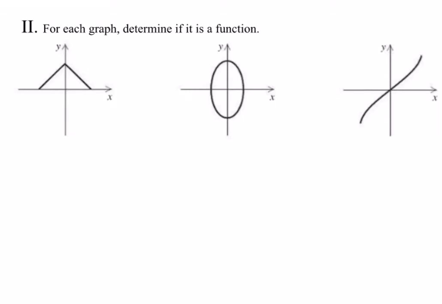And so I want to know, can I draw a vertical line through this first graph that crosses more than once? That only crosses once, once, once, once, once. Note that there is no vertical line that I can draw through this graph that will cross more than once. So this is a function.